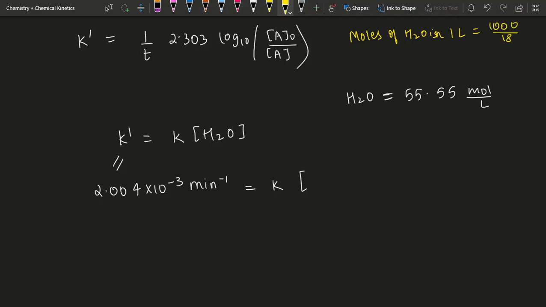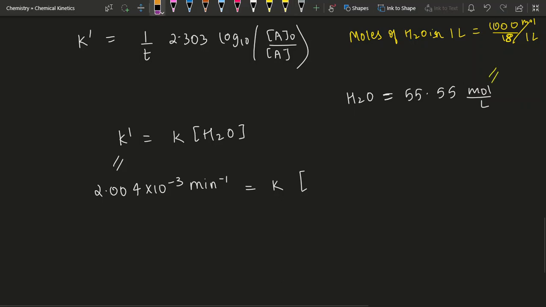Why? Because 1 liter contains 1000 grams of water. It contains 1 kilogram of water, and 1 kilogram has 1000 grams of water, and 1 mole contains 18 grams. So the number of moles of H2O in 1 liter is 1000 over 18, and you divide that entire expression by 1 liter to get the molarity, and that would be equal to 55.55.